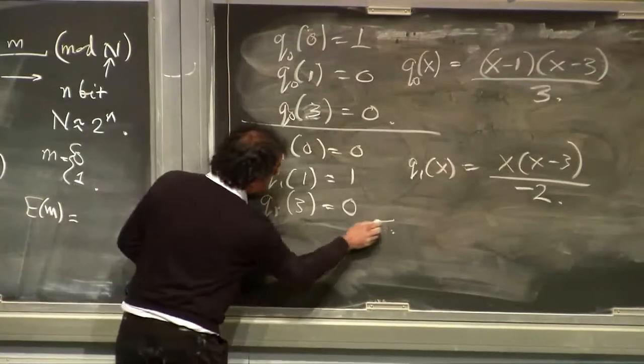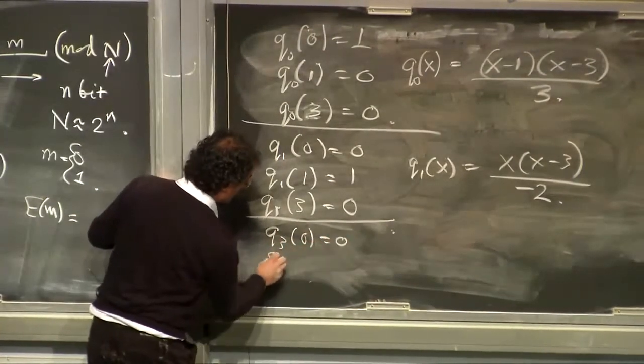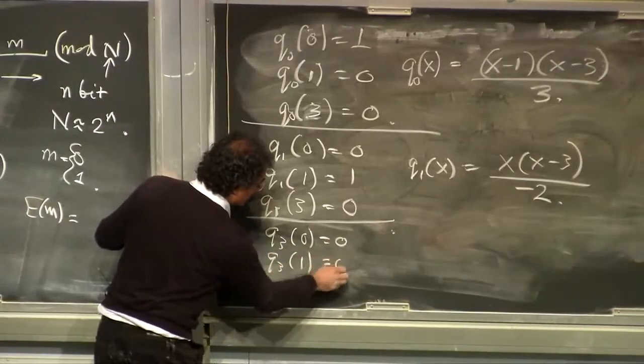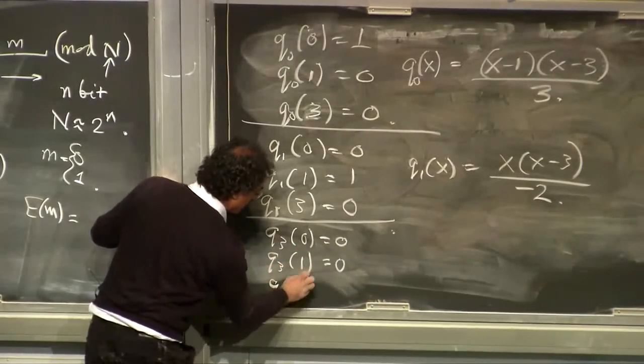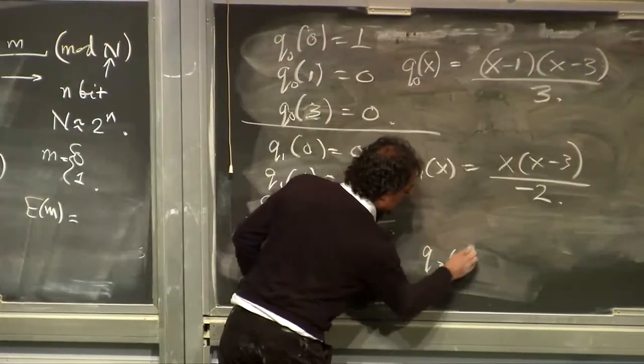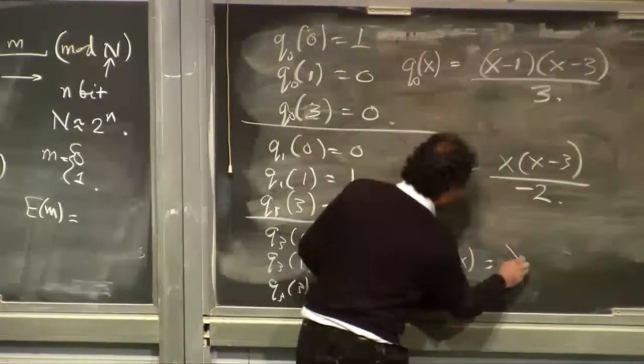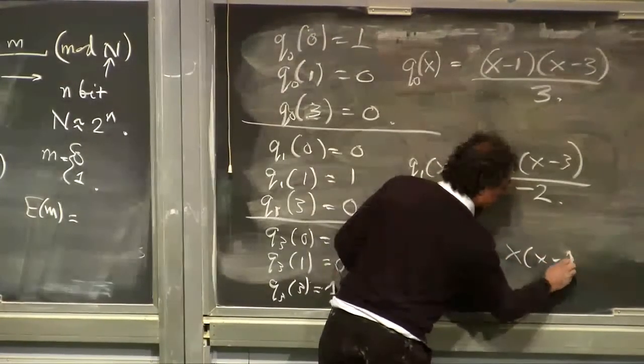And then similarly, we do q sub 3 of 0 equal to 0, q sub 3 of 1 equal to 0, q sub 3 of 3 equal to 1. And now q sub 3 of x would be x times x minus 1.